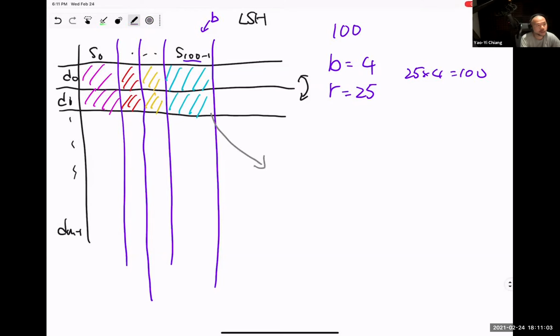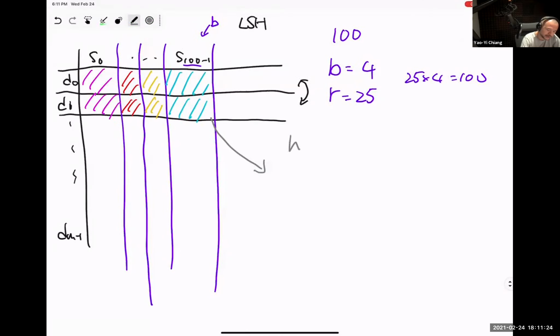Because if you want to compare every band, which means you still have to compare every signature, how would this help us to save time? So in practice, if you read your textbook, each of the samples is hashed. So it gets hashed into, let me see, how do I draw this?